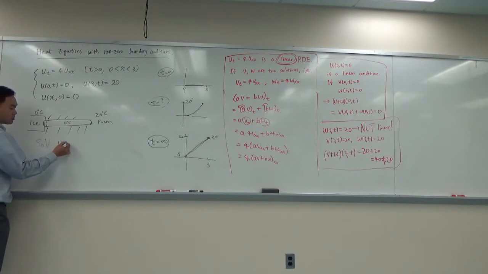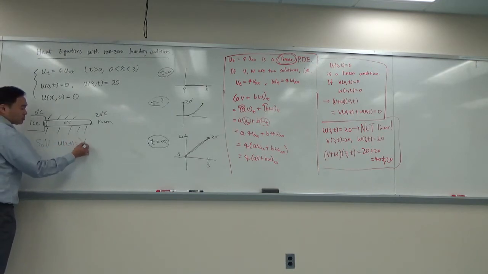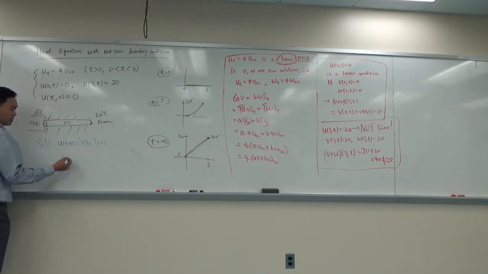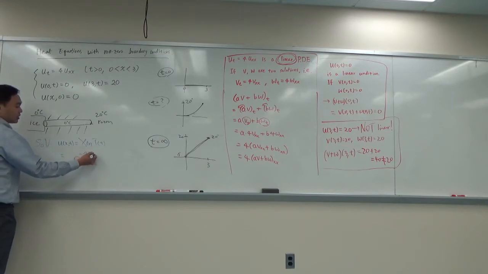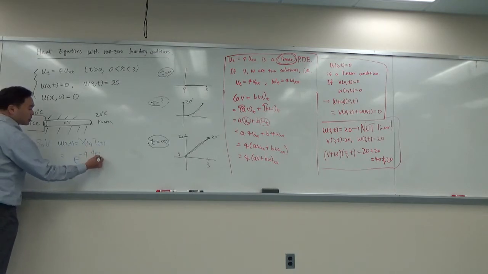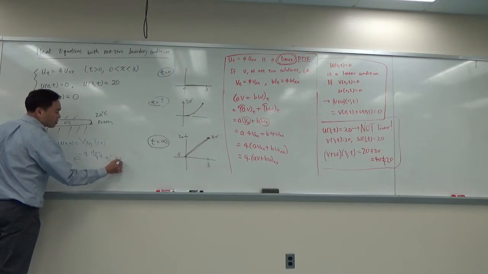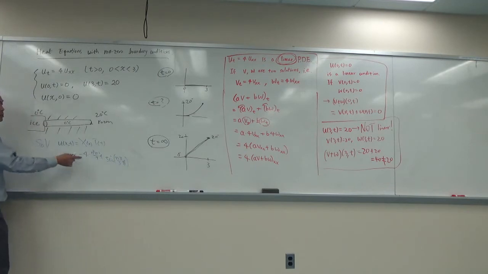You say u(x,t) equals X(x) T(t), and then you ended up saying that T is like e to the negative lambda t, it's just 4 times n squared pi squared over 9 t, and you find that X(x) is sine of n pi over 3 x. And once you find this solution, then you can just take linear combinations of all these because linear combinations are again solutions.